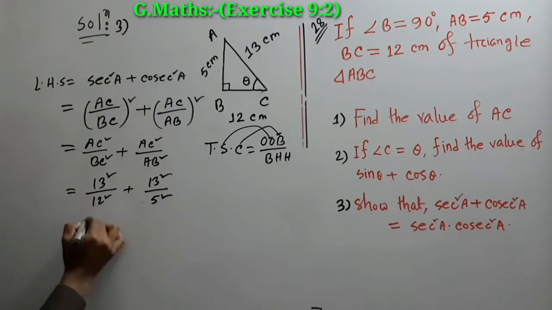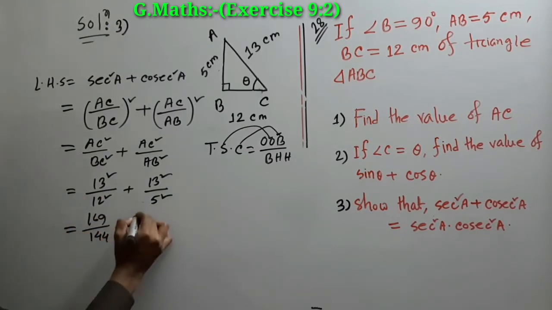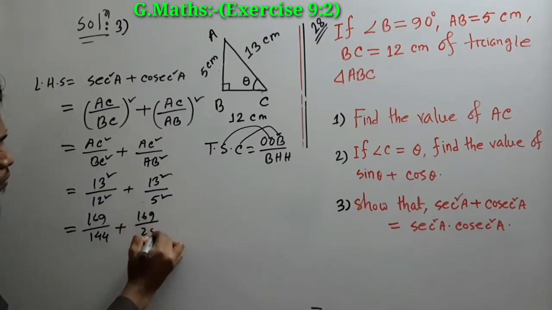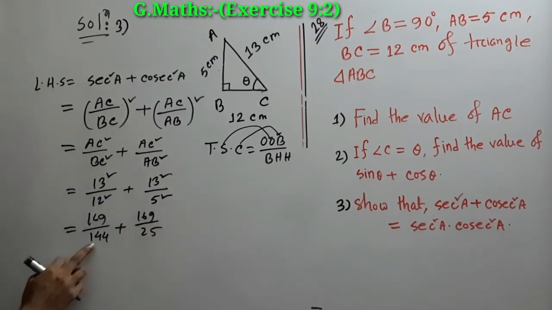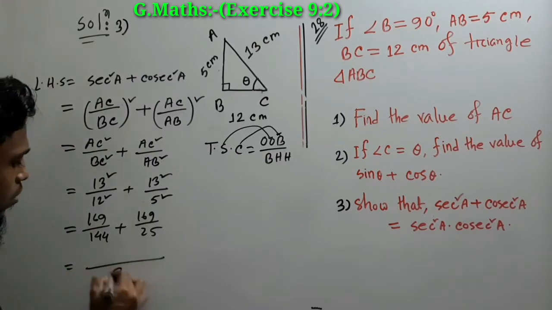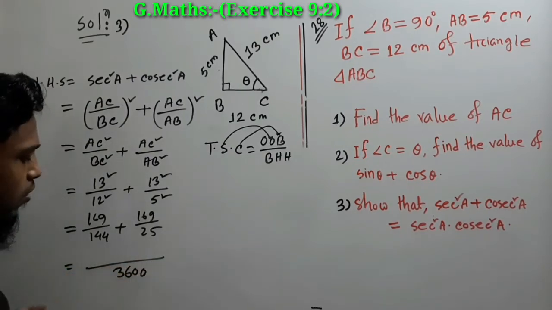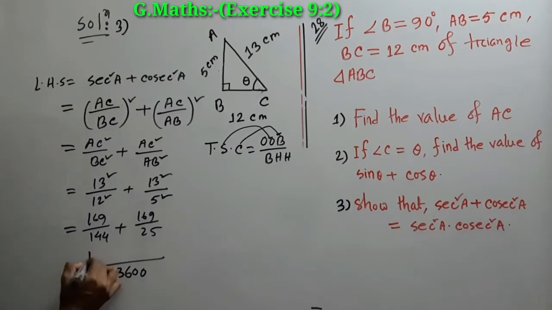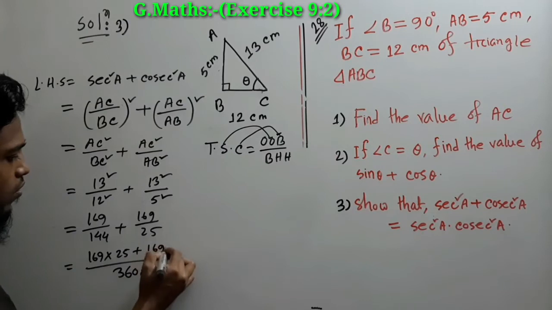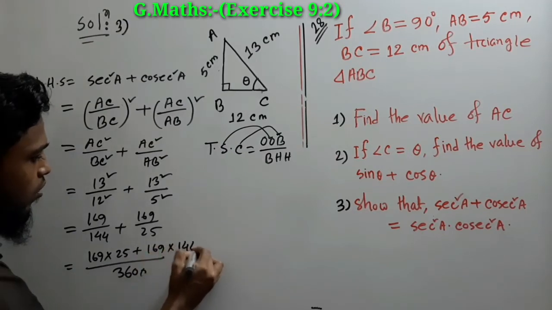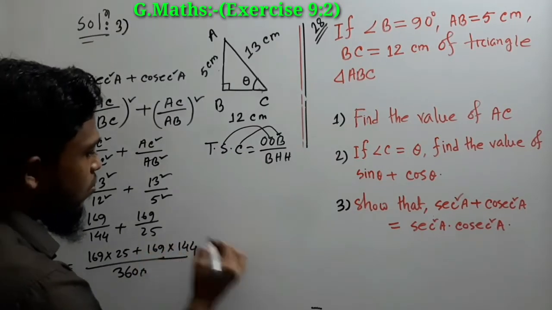This equals the LCM of 144 and 25, which equals 3600. So we can write 169 into 25 plus 169 into 144.